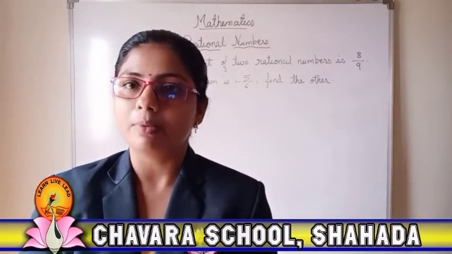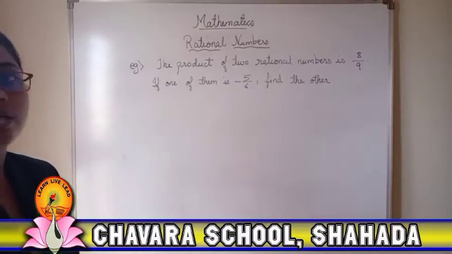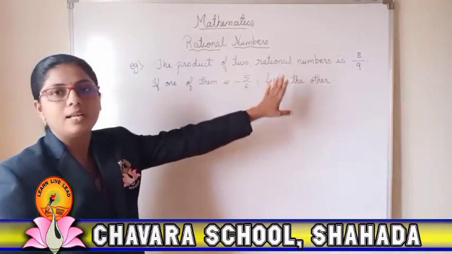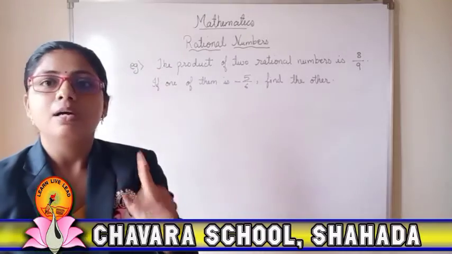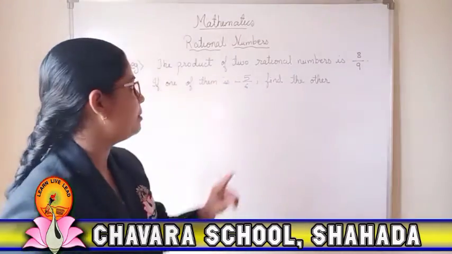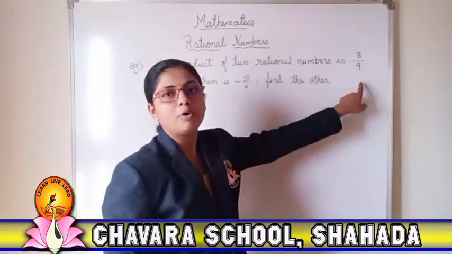If any word problem is given, how to solve it, let us see. The example is: the product of two rational numbers is 8 upon 9. Product means multiply. So the multiplication of two rational numbers is 8 upon 9.